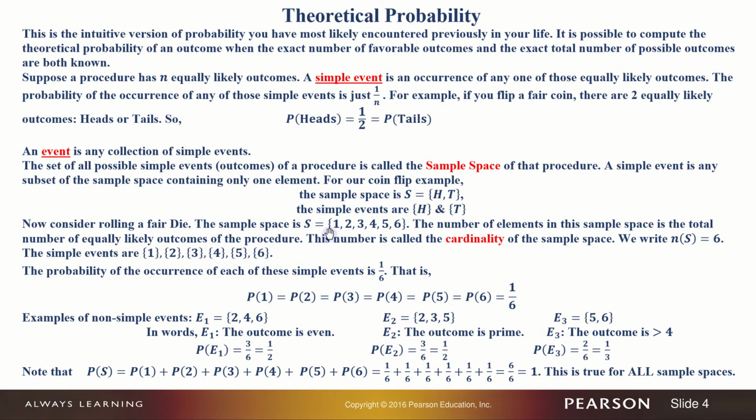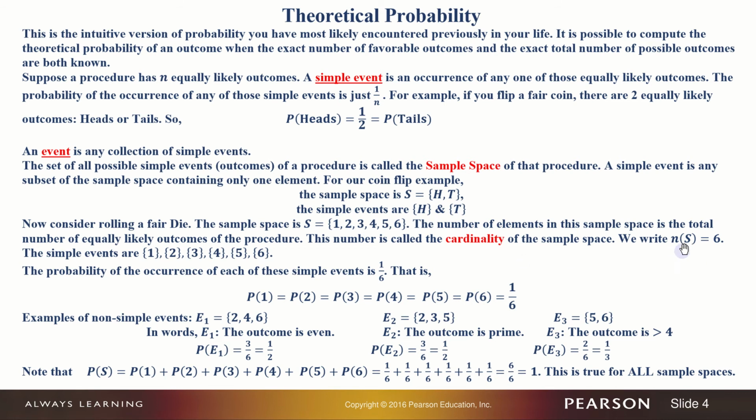So the sample space contains the numbers 1, 2, 3, 4, 5, 6, and the simple events would just be the set containing 1, the set containing 2, containing 3, 4, 5, and 6, right? Those would be the simple events. Notice that the number of simple events in the sample space here is 6. We call that the cardinality of the sample space.